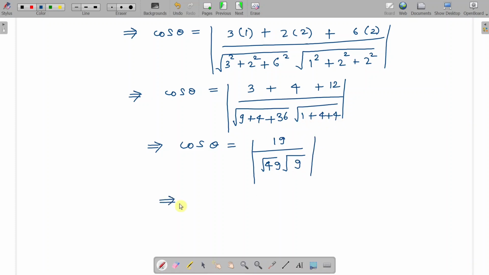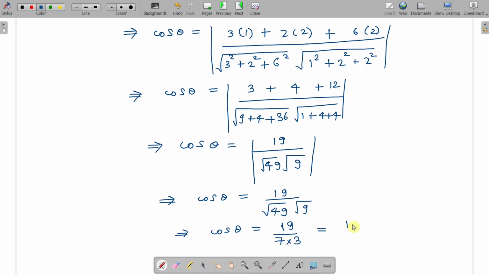So this implies cos theta is equal to modulus of a positive quantity is that same positive quantity, so 19 divided by root of 49 into root of 9. So that means cos theta is equal to 19 by root of 49 is 7 into root of 9 is 3.